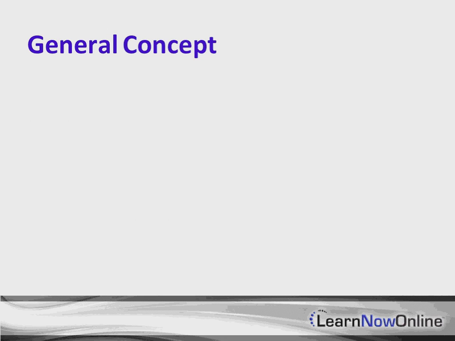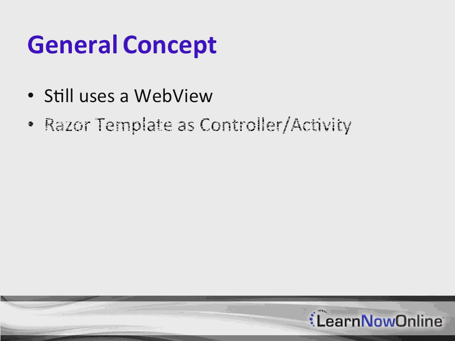Okay, so just digging into this a little bit more. As I said, we're going to use the web view. Here's the interesting piece. Our Razor template, our CSHTML file, is going to be basically treated as if it's a UI view controller or an activity, as if it's local executing code.